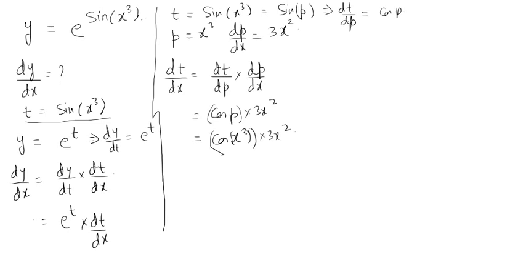So dy by dx is equal to e to the power t into dt by dx, which is 3x square into cos of x cube.